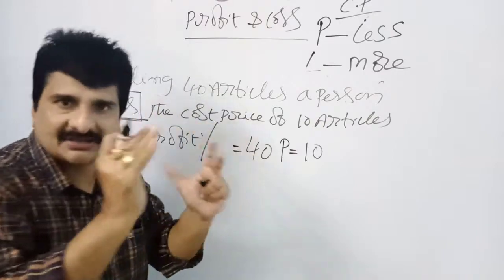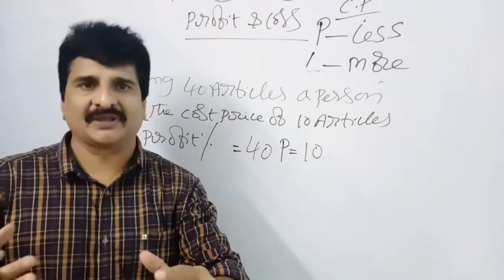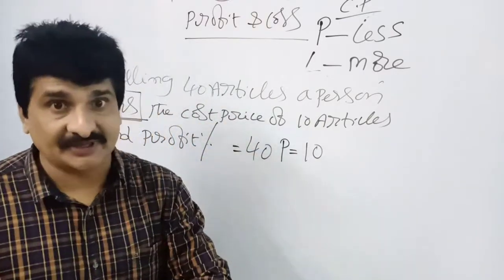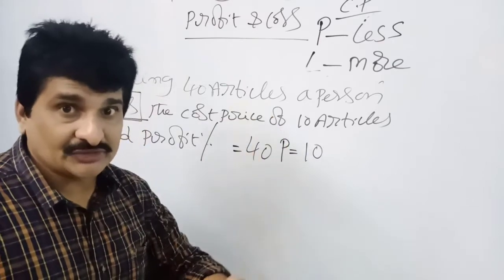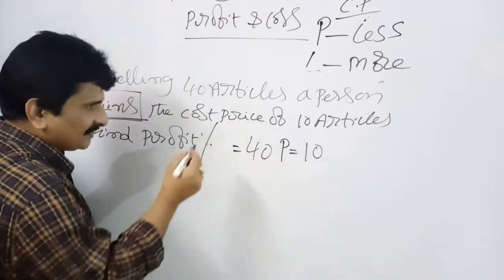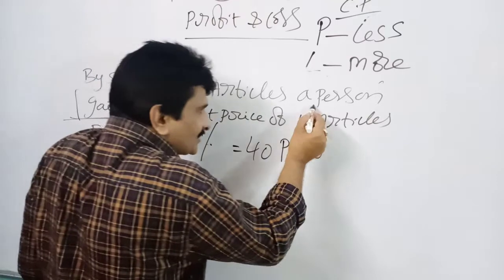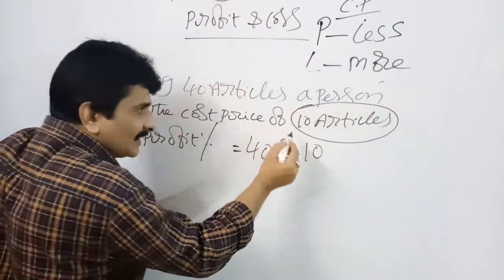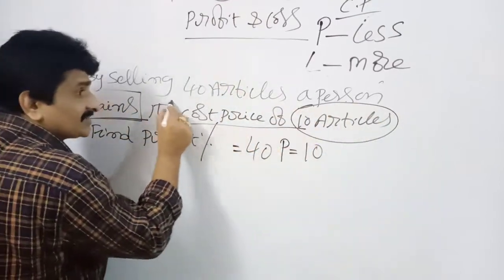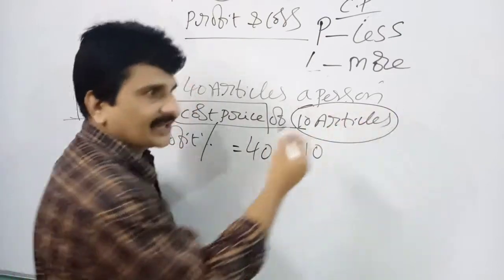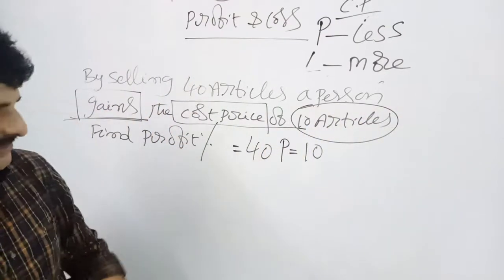This is important: whether it is the CP or SP. How to find it? Now I am going to tell you a shortcut. Whatever articles he has given for the profit or loss, before that he may mention cost price of or selling price of. Again I am repeating.